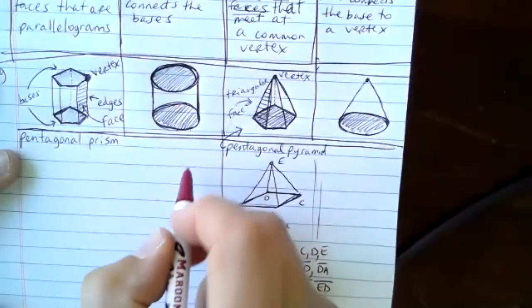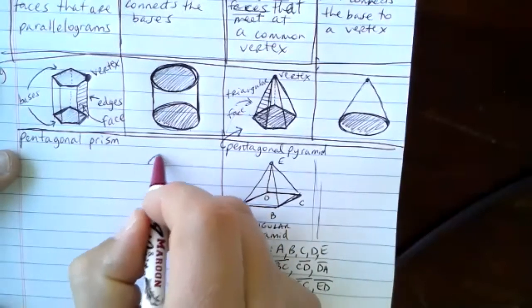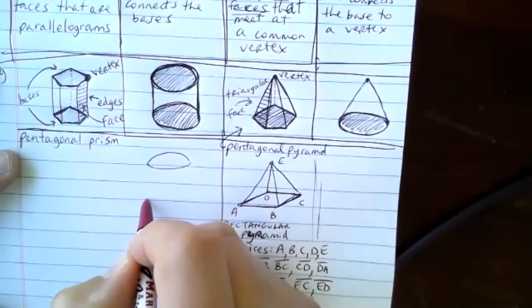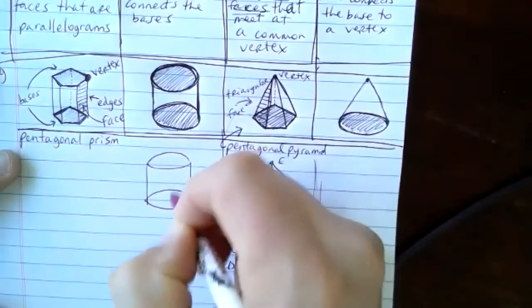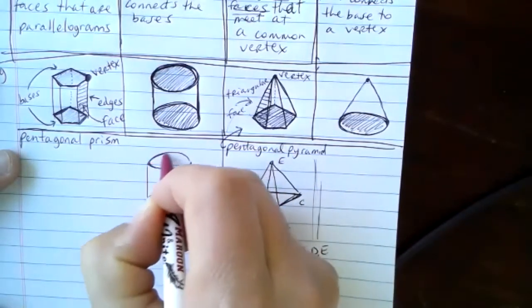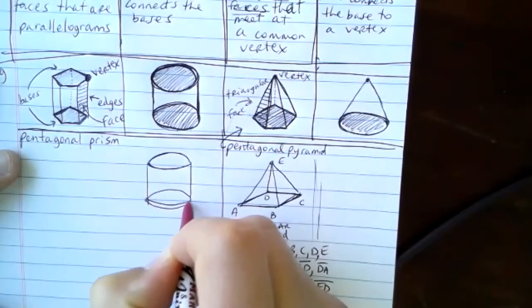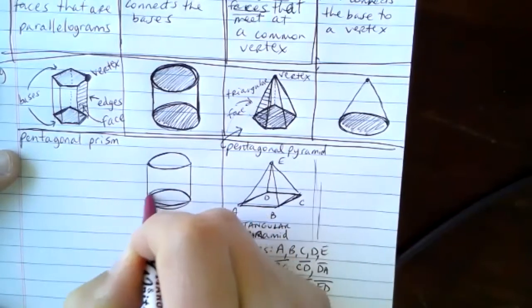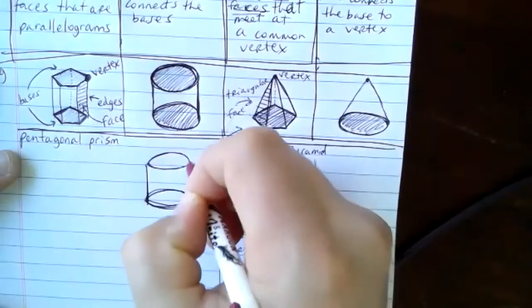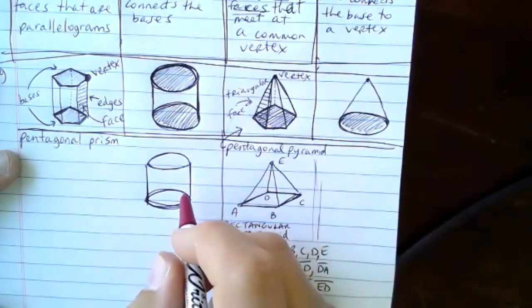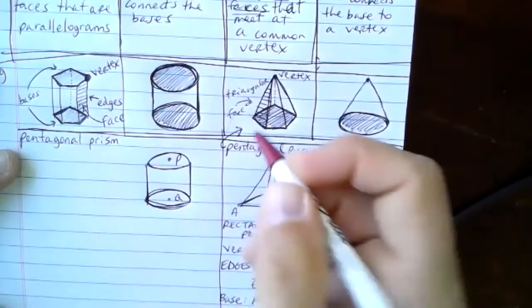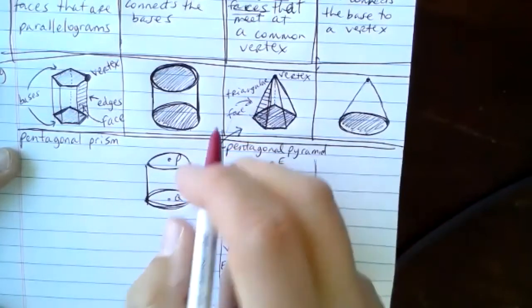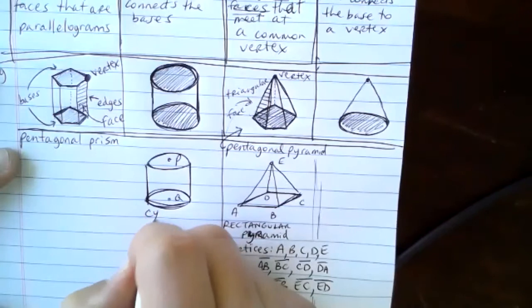So let's draw another cylinder. Little circle, little circle. Try to do the same thing for both circles to make them congruent. So we're just drawing a little circle, another circle, about the same width, diameter. Okay, and so down here, we're going to call this circle P. This is circle Q. All right, this is called a cylinder.